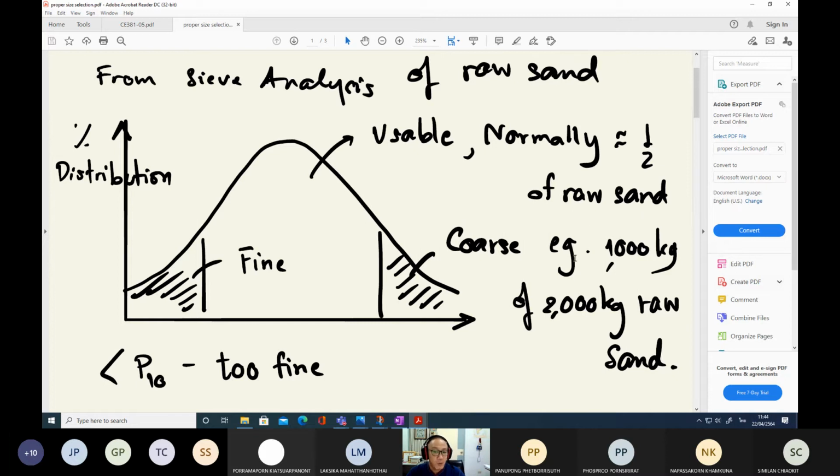For example, if we want 1 ton or 1,000 kilograms of usable sand for the filter, we really need 2,000 kilograms of the raw or natural sand. Then we remove the too fine fractions and the too coarse fractions. So only this part can be used.